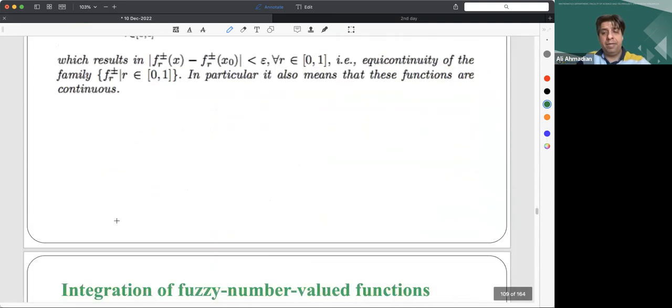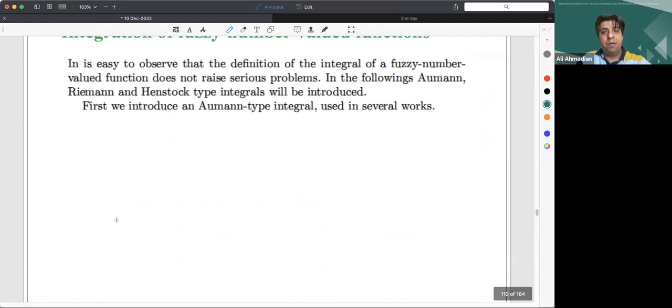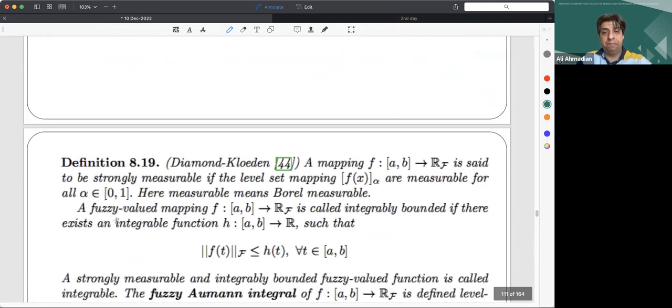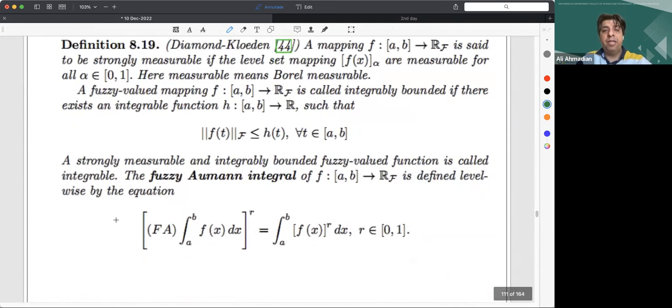And what we have next is the integration, the fuzzy integration.